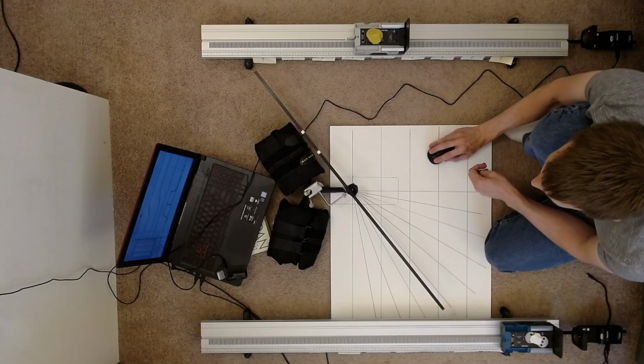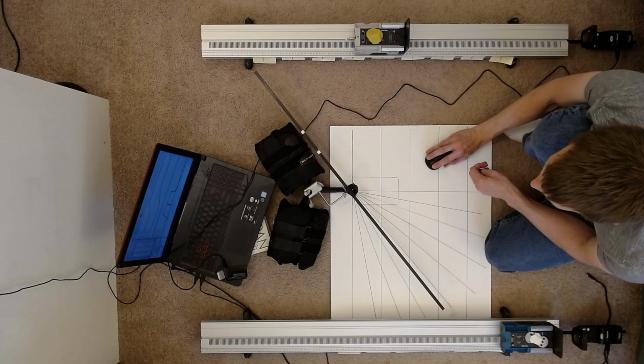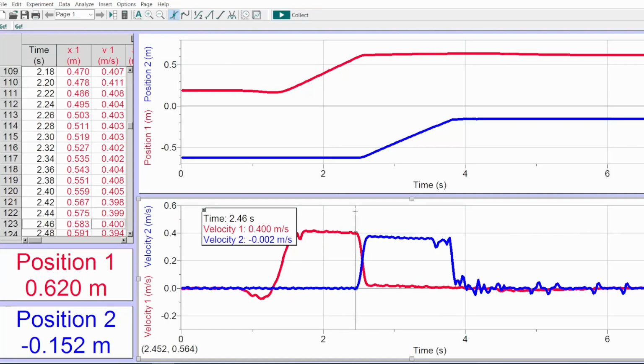So let's just look at some of the preliminary data for this one. We can identify our initial velocities just before the cart hit and our velocities just after. Just before the cart hit, cart 1 had a velocity of 0.400 meters per second. Cart 2 is basically at rest.